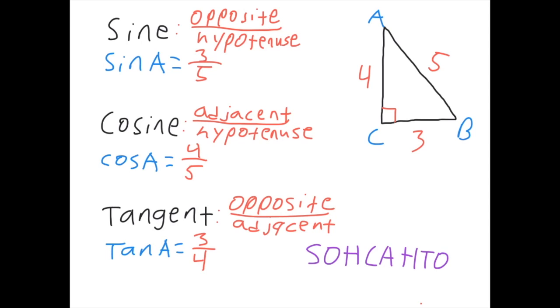Tangent is opposite over adjacent. Soh Cah Toa. This is used quite a bit to remember which ratio belongs where. So sine is opposite over hypotenuse. Cosine is adjacent over hypotenuse. Tangent is opposite over adjacent.